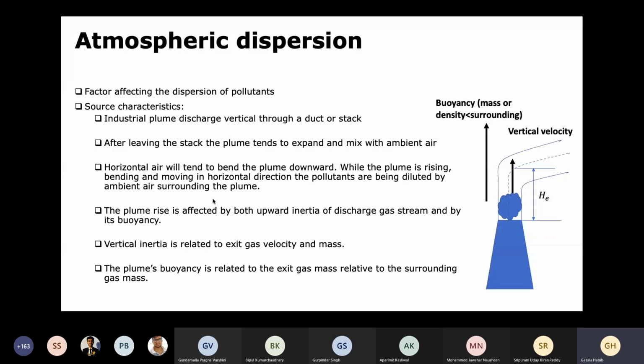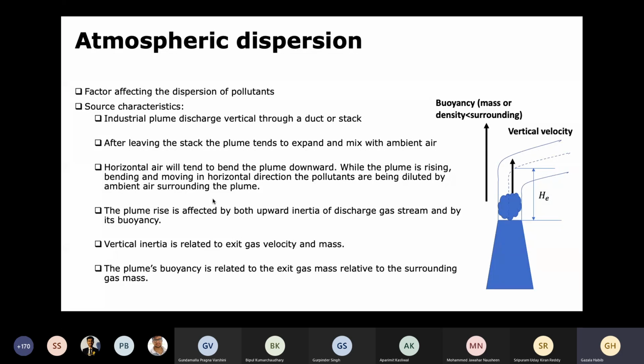Okay, so after leaving the stack, the plume tends to expand and mix in with the ambient air. At the same time, while this dilution and dispersion is taking place, because of the horizontal velocity of wind, this plume will try to bend towards the ground, and the ground level concentration will also increase.